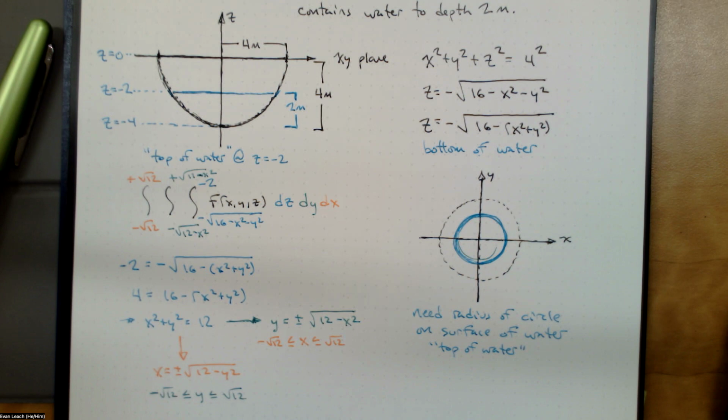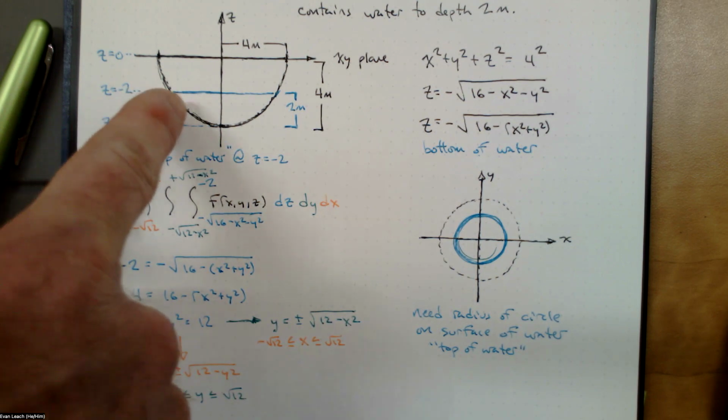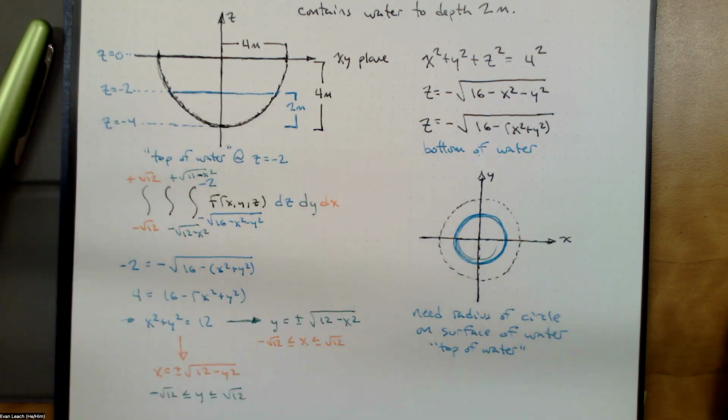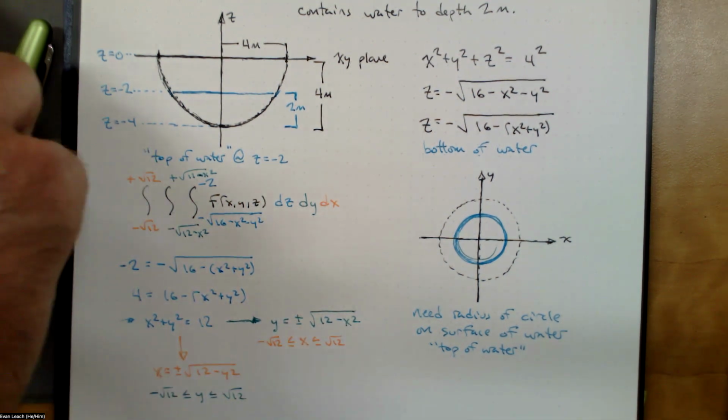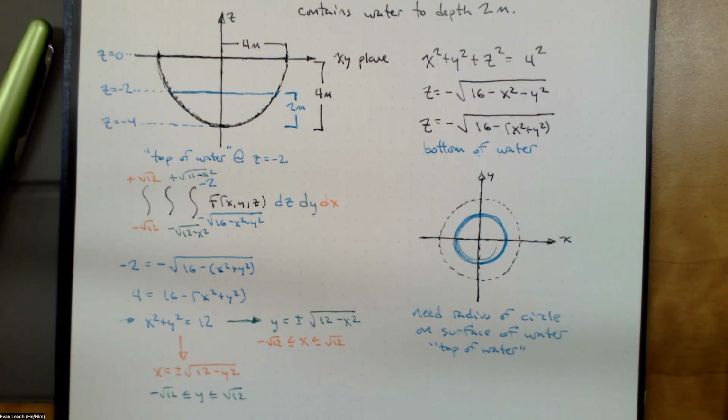Spherical coordinates would be kind of a pain in this problem. Because of this place where z is equal to -2. That flat plane that is not the xy plane is a problem, because the only thing that we have for distance is rho.